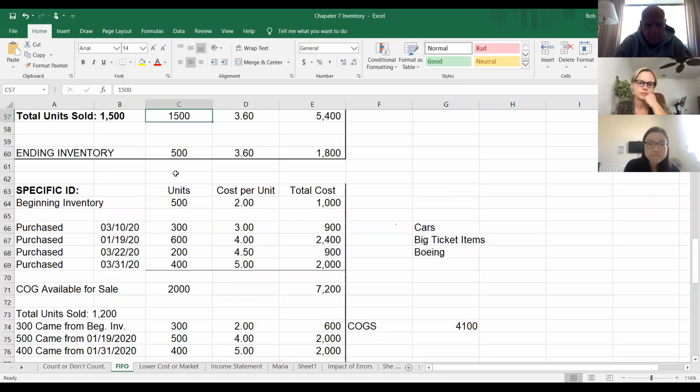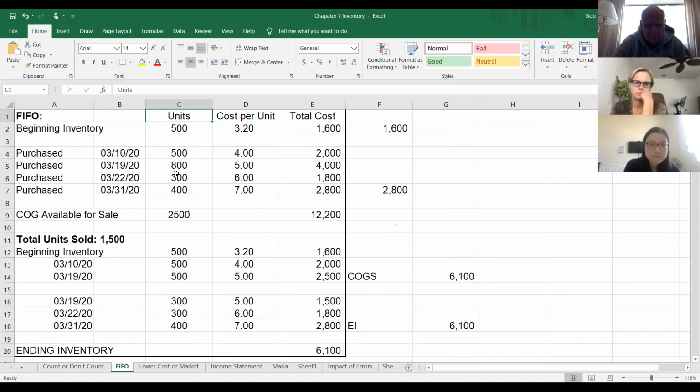Now let's go back up to the top and try to understand a few things. Callie, you asked a good question. You said, when can you choose these methods? Well, the answer is companies can choose whatever method they want for accounting purposes, except, I guess, specific ID. So let's see what we have here.